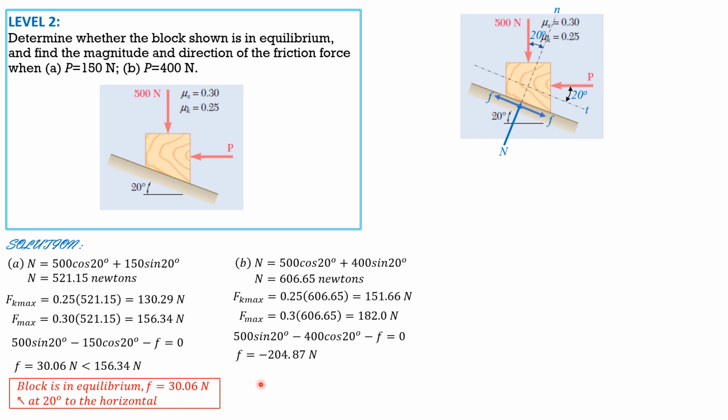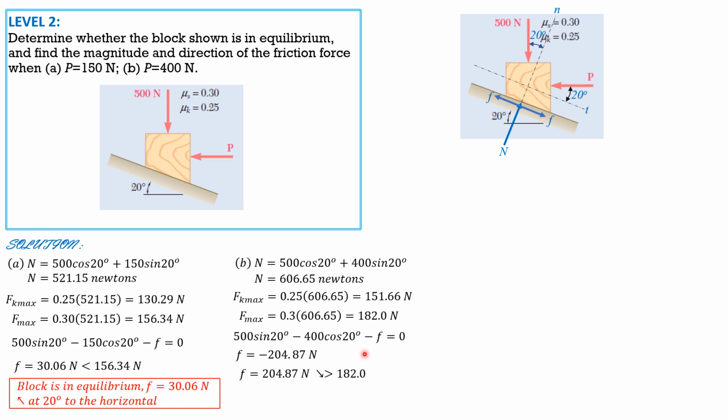And since when the block is in motion, the maximum frictional resistance is Fk max, therefore the maximum frictional resistance that will develop is only 151.7 newtons. So the answer, F is equal to Fk max, 151.7 newtons because the block is in motion.